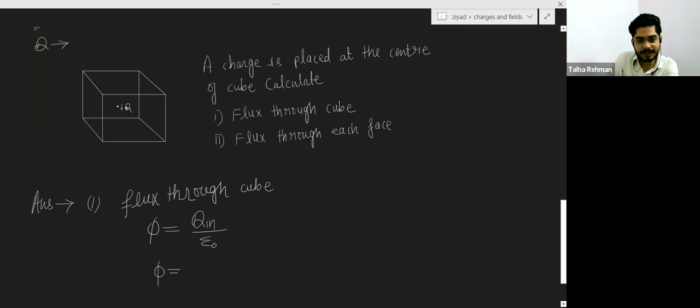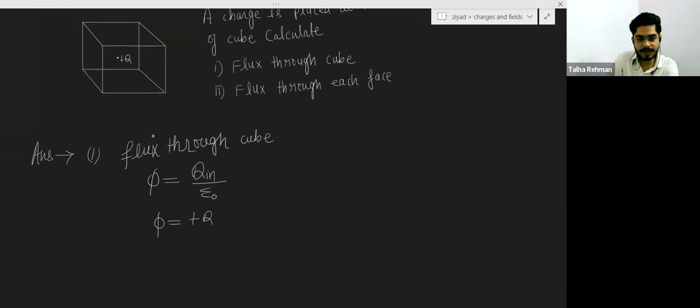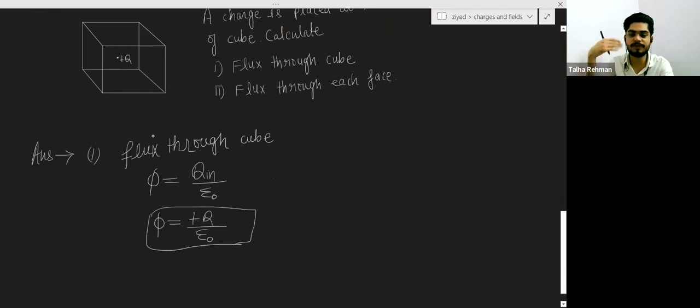But the condition is that the surface should be a closed surface. So charge inside is here plus q only, and this is plus q divided by epsilon 0, and this is your answer. I mean, this is the value of the flux which is coming out of this cube.